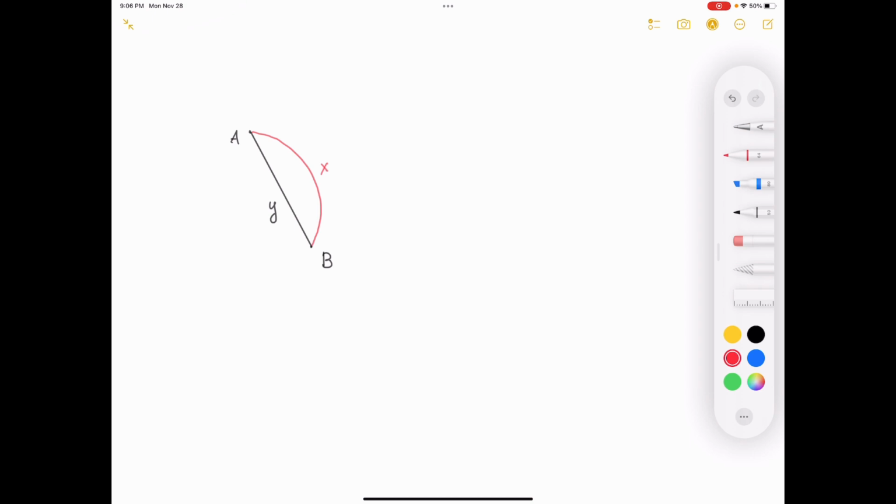So the first axiom that I want to use can be written as y less than or equal to x, where y represents the straight line segment connecting A and B, and x represents the length of any other arc connecting these 2 points.